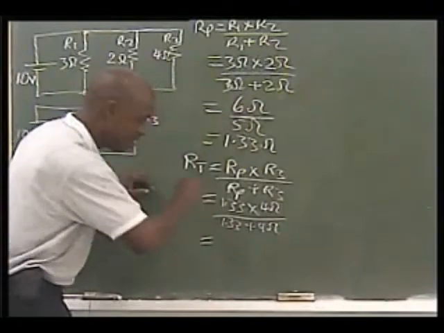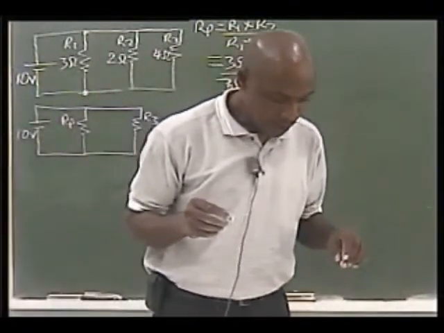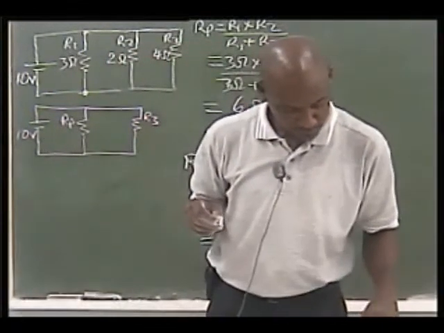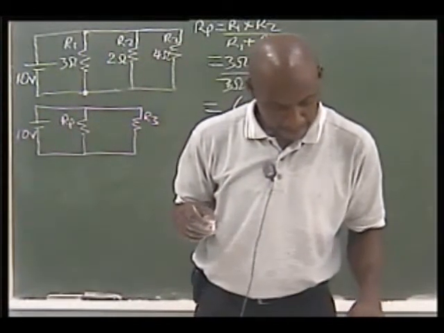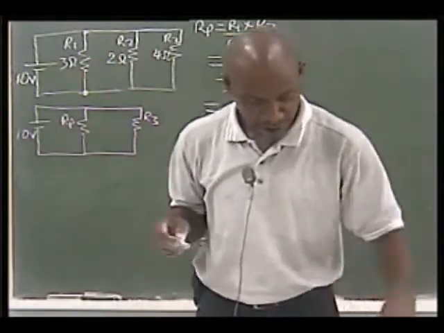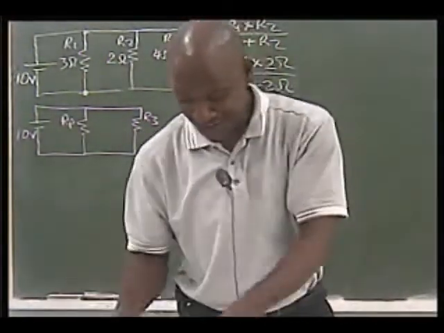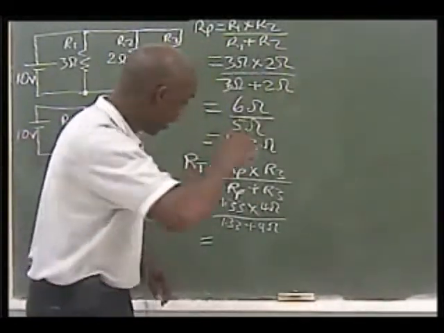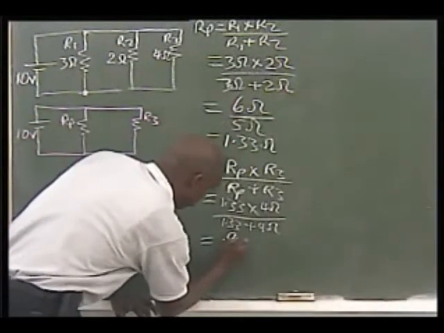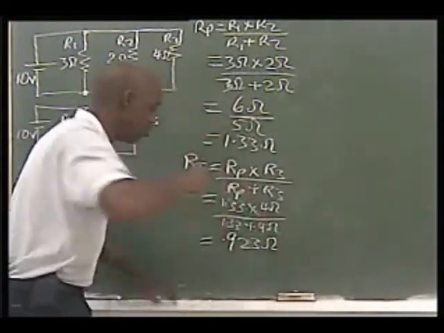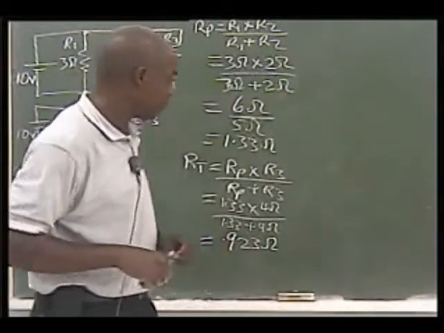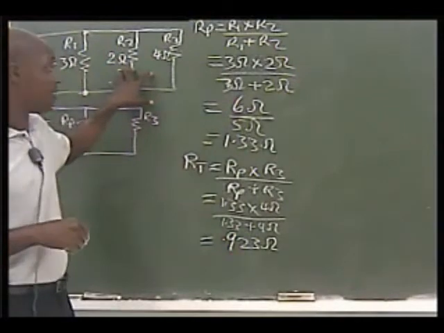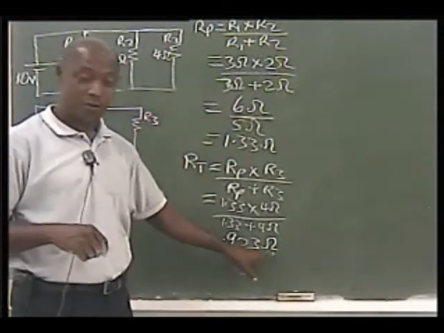And if you were to put this into your calculators, you will get the answer of, oops, sorry, just a little glitch here. If you were to put that into your calculator, you'll get the answer of 0.923 ohms. Don't forget your units, very important. Okay? So our total resistance for this circuit is going to be 0.923 ohms.